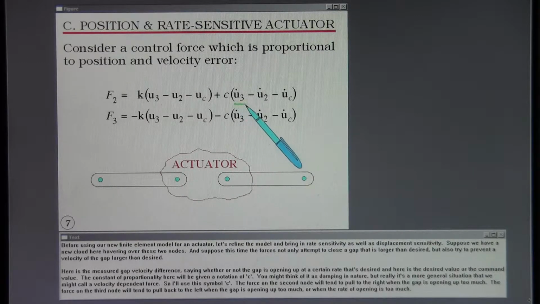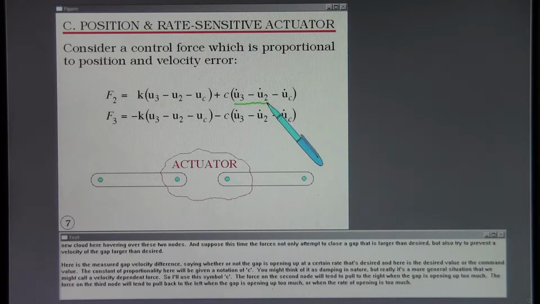Here is the measured gap velocity difference, saying whether or not the gap is opening up at a certain rate, and here is the desired value or the command value. The constant of proportionality here will be given a notation of C. You might think of it as damping in nature, but really it's a more general situation we might call a velocity-dependent force. So I'll use the symbol C.